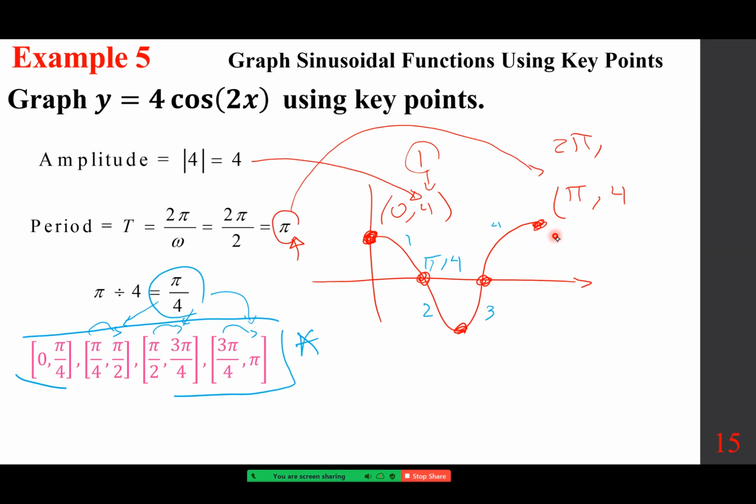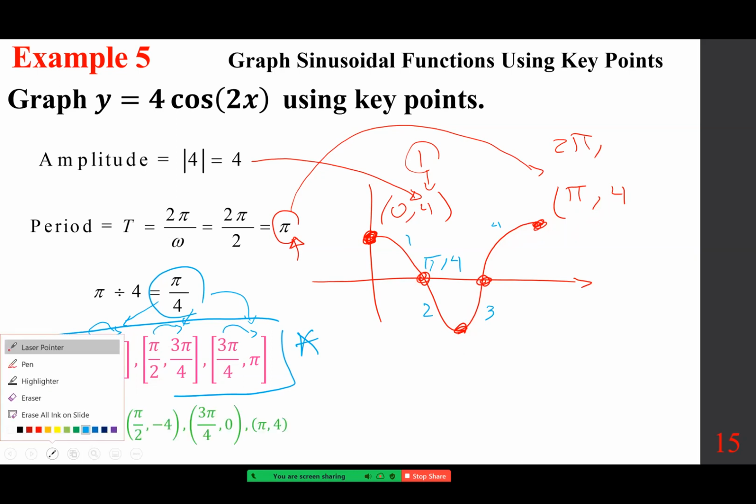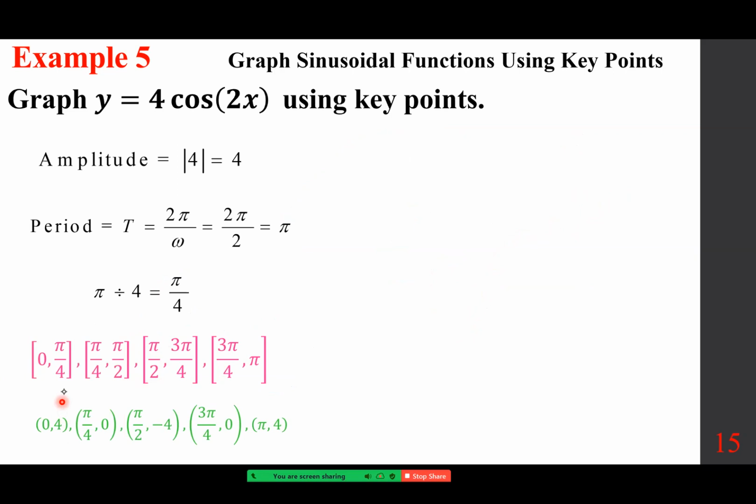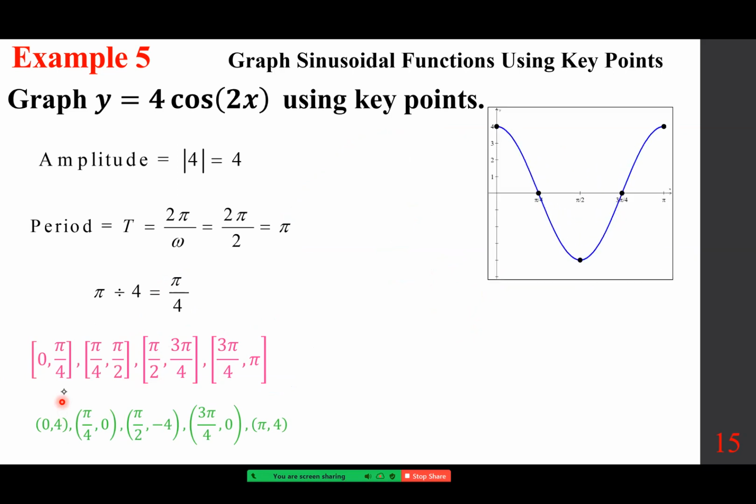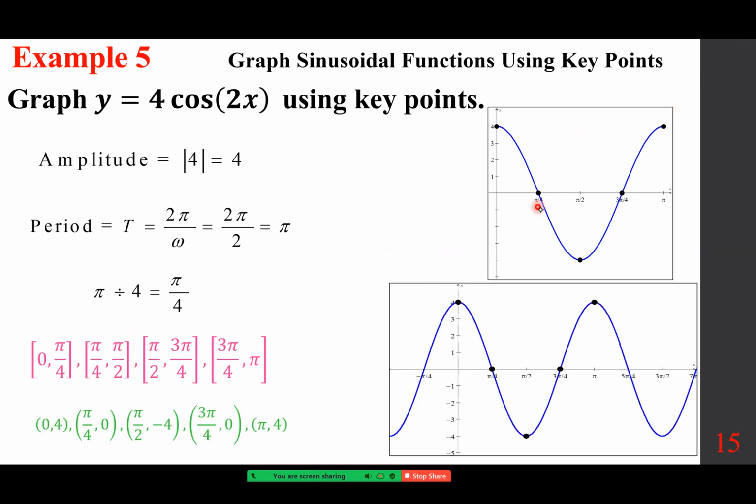So this is what we get. And now I'm going to erase this. This is one complete cycle according to this and this. And now we continue indefinitely on both sides. I believe using the key points is the fastest and easiest way to graph sinusoidal functions.